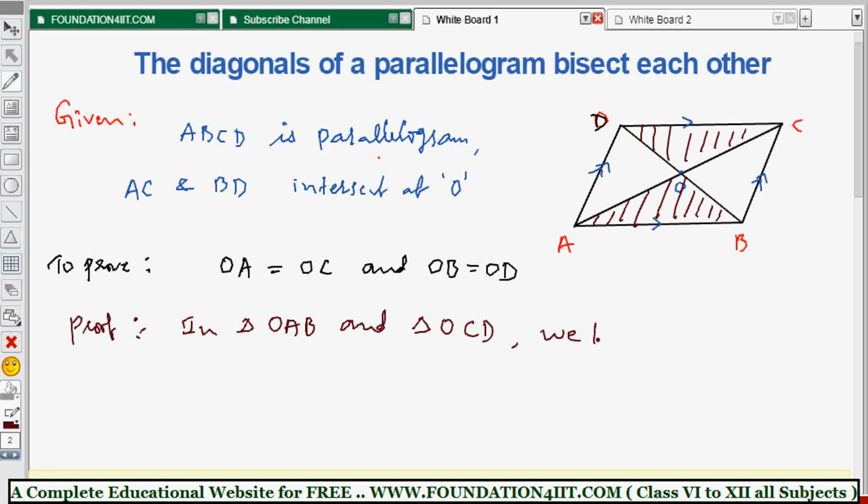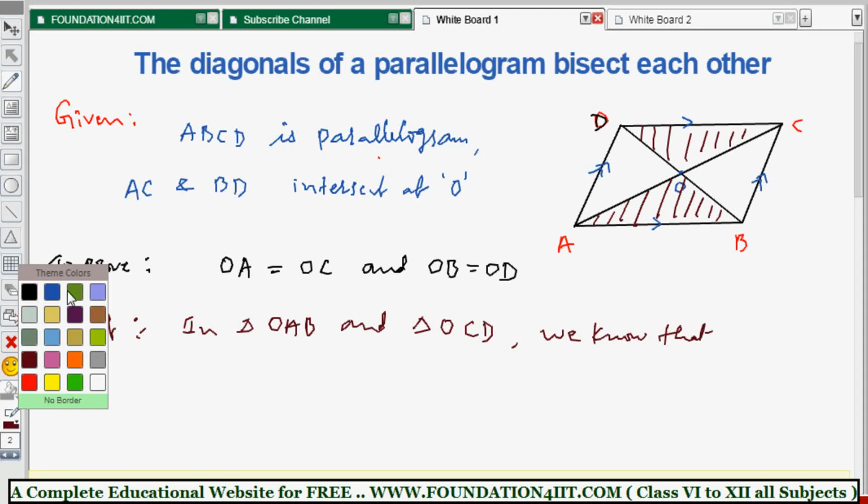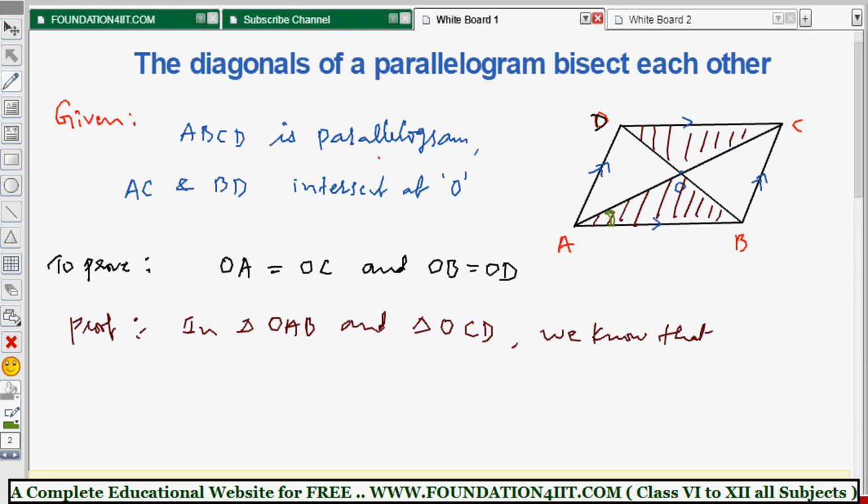From these two triangles, you know that angle OAB and angle OCD are equal, because AB is parallel to CD and AC is a transversal. So these two are equal. Angle OAB is equal to OCD. These two are alternate angles.